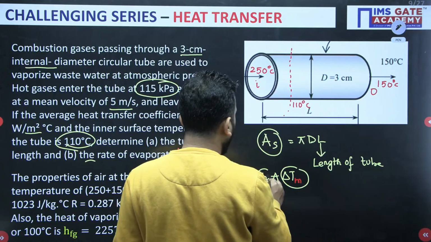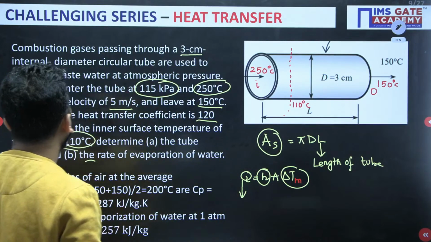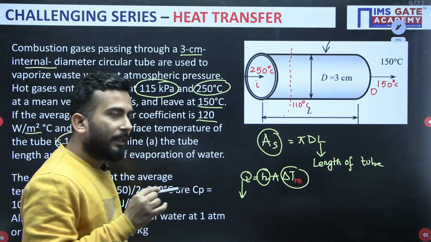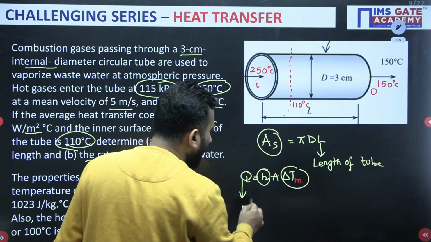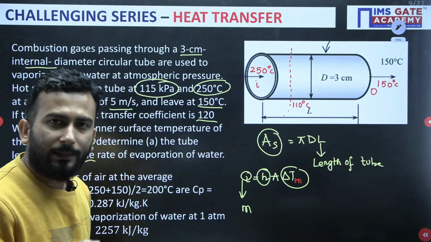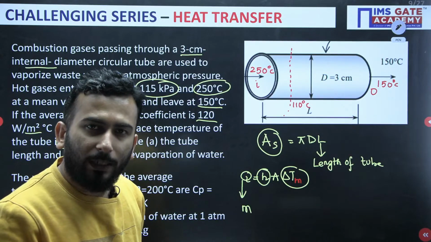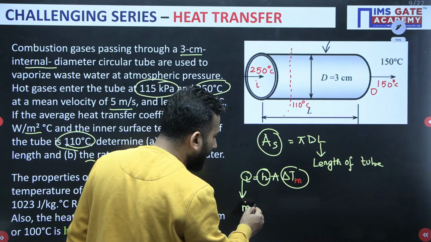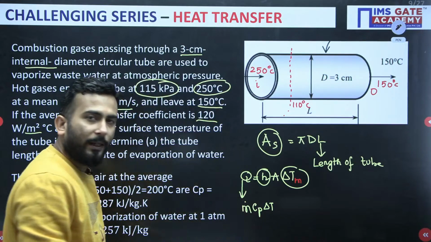H is already given. And how will Q come? Q will come from the information of the hot gases. All the information of the hot gases is given, and the fluid is taking some heat and changing from one temperature to the other. So I can very easily write m Cp delta T. Obviously I have to find m.